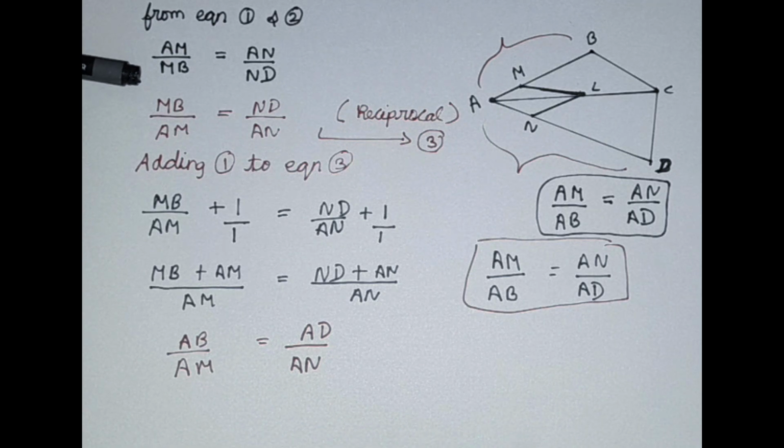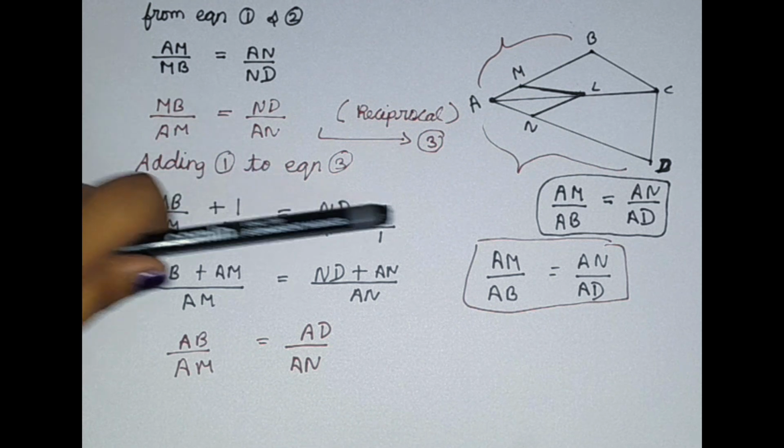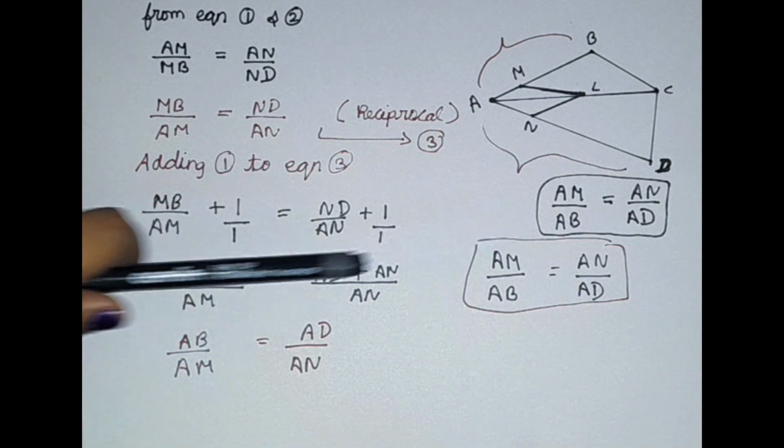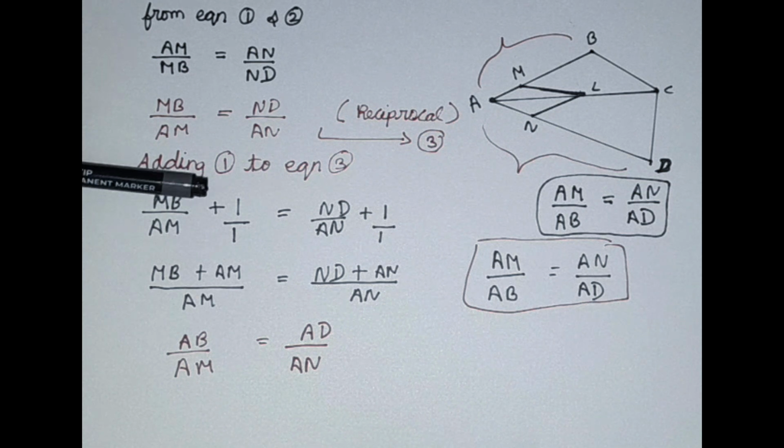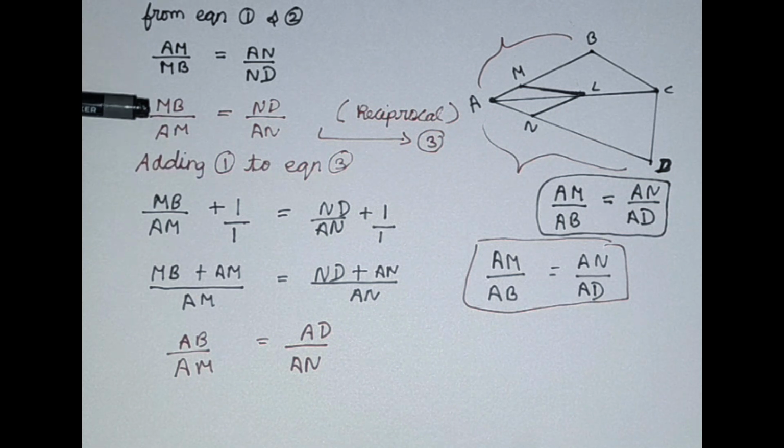So what are we supposed to get? We are supposed to prove something, am I right? We are supposed to prove this one according to the question, but we didn't get that value. So I took the reciprocal, hoping that I'd get that value, but I didn't get it. Though I didn't get the value, I added 1 to that value.